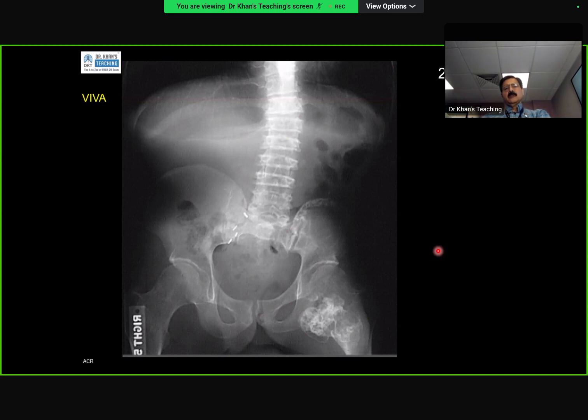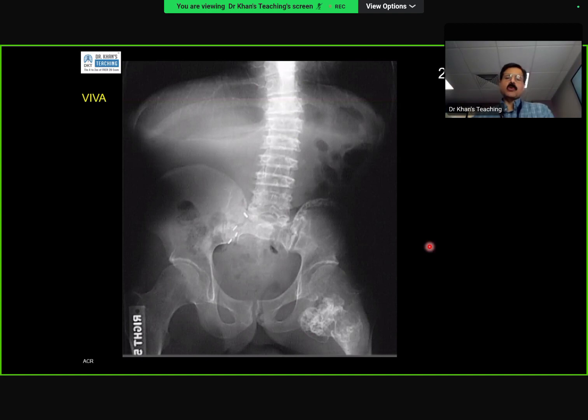Because this is unilateral sacroiliitis, I will see if the patient has constitutional symptoms such as fever and pain, and this will raise the possibility of sacroiliac joint infection.